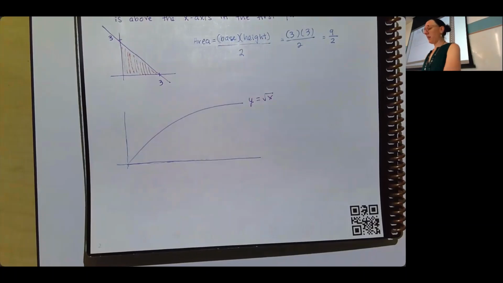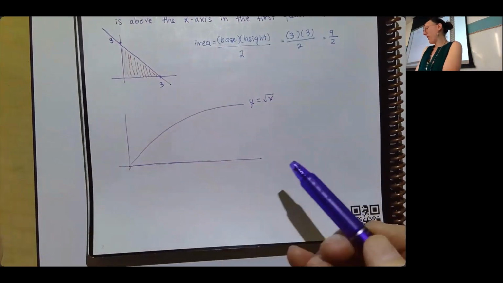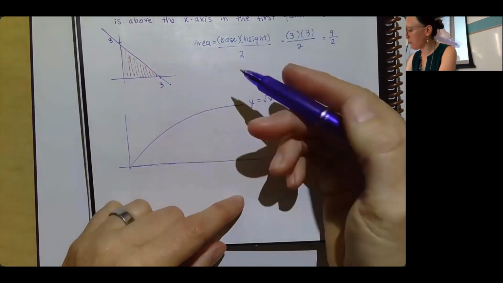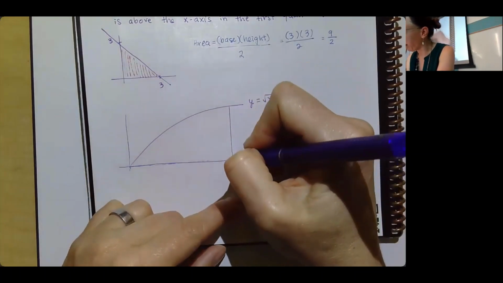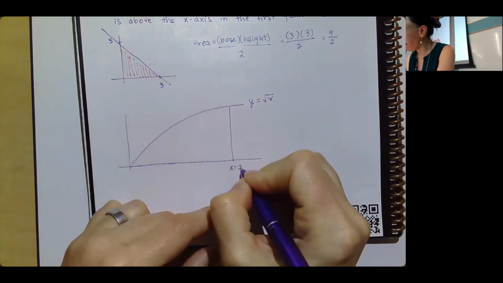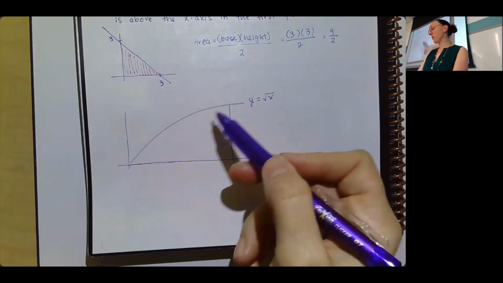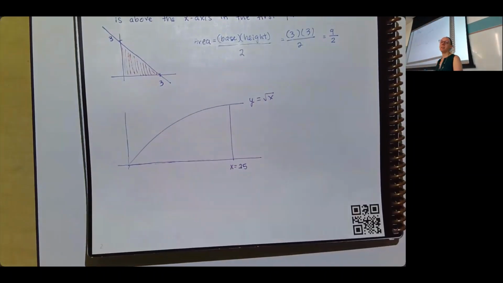If I wanted to look for part of the area under this thing, like maybe I wanted to come out here to x equals 25, and I wanted to look for the area under there, it's not exactly a triangle. It's definitely not a rectangle. It's certainly not a circle or a trapezoid.